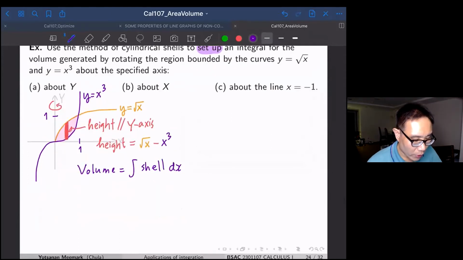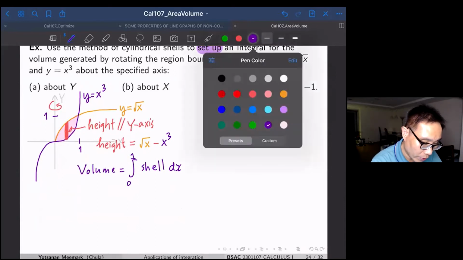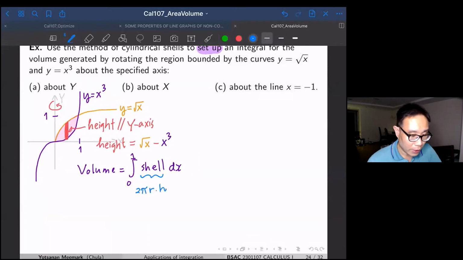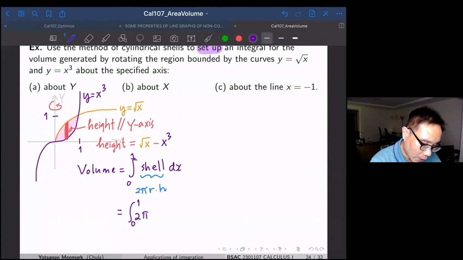Okay, so you're gonna integrate the shell dx from 0 to 1. And what will be your shell? So the shell will be 2 pi r multiplied with the height. Okay, so it's gonna be integral from 0 to 1 of 2 pi.